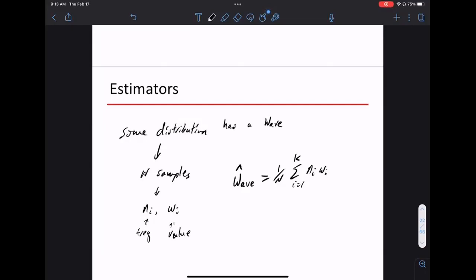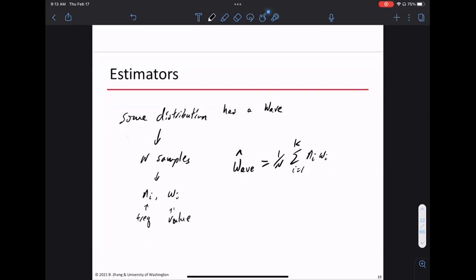Okay, so that's a hope. And that's an assumption that we make in the field. So as n gets large, this approximates the true value. Okay, so we'll think of this as being an approximation of the true value.